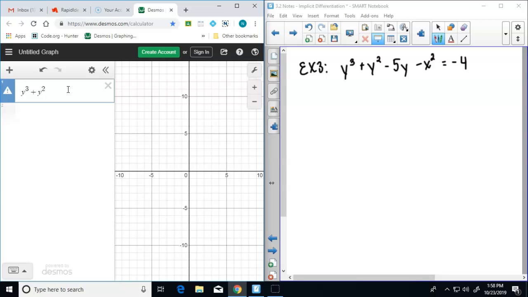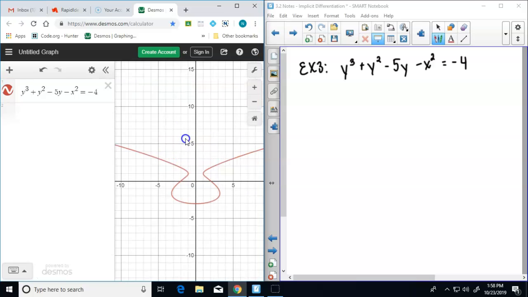Okay, so it graphs this really cool looking equation here. I love to graph implicitly defined functions on Desmos because it is pretty easy to do, and they usually look really cool. Like this. So you got this weird graph here.